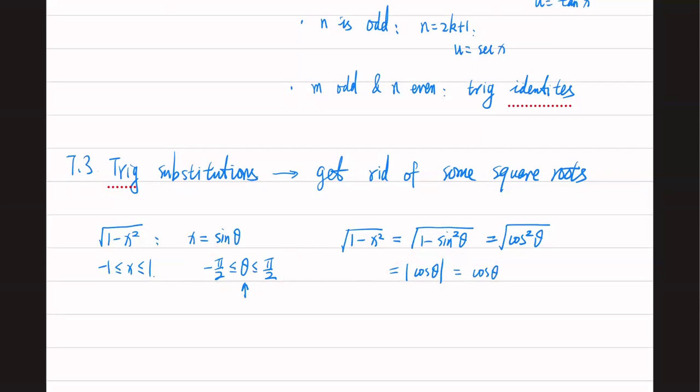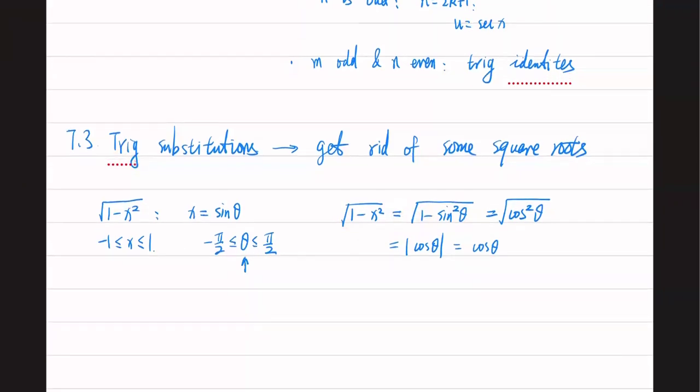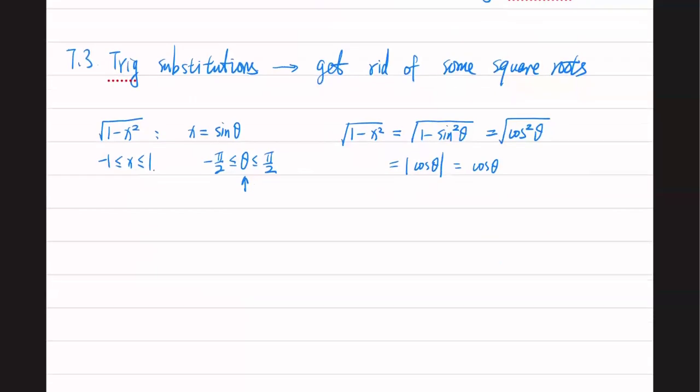You can see for this integral, the trig substitution allows us to get rid of the square root. From a function with the square root to a trig function makes this easier, something we have done in section 7.2.